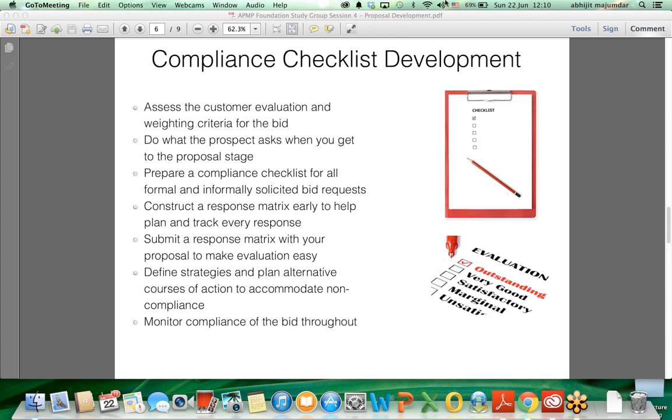Compliance and compliance checklist development lead you to several documents like the requirements matrix, the response matrix, and your compliance checklist document. And you can use these documents in different parts of your proposal development.